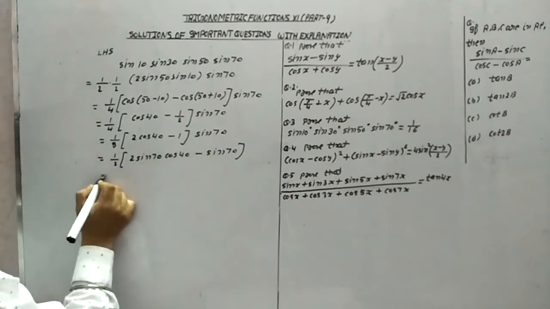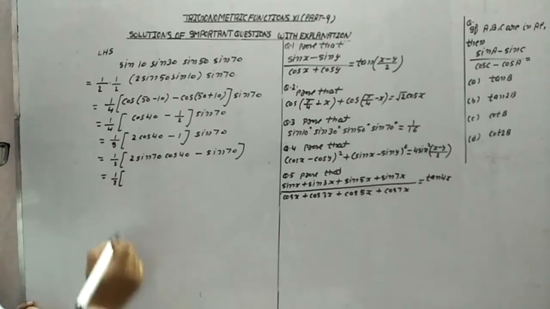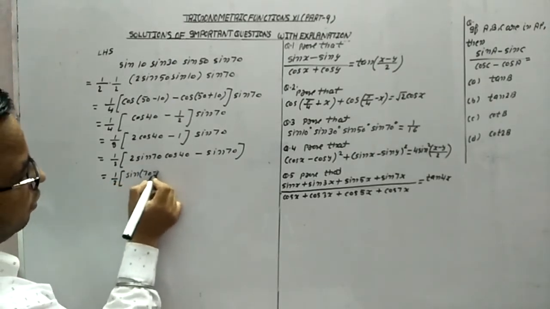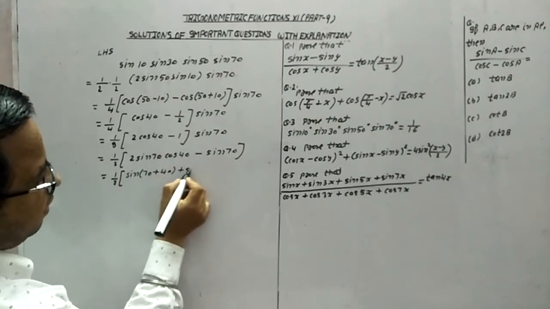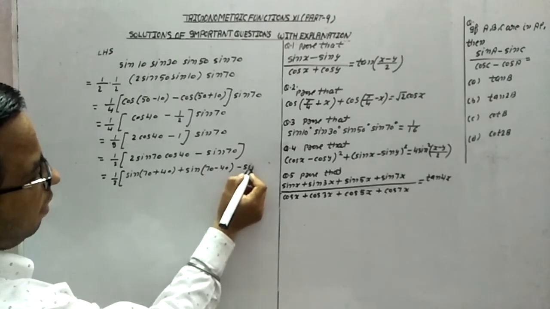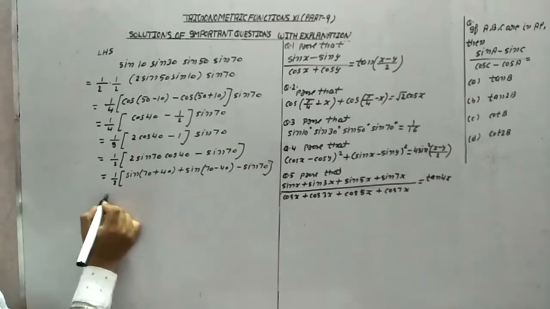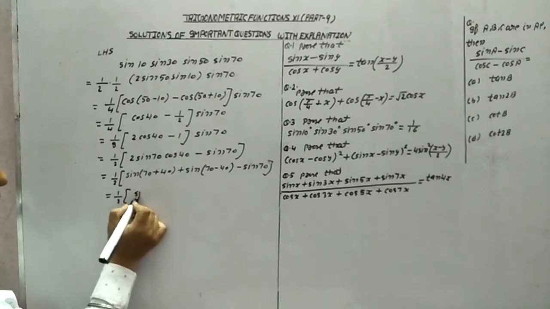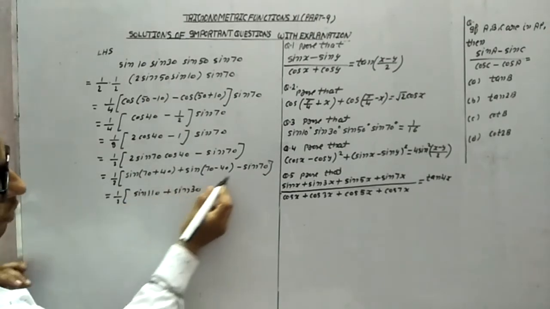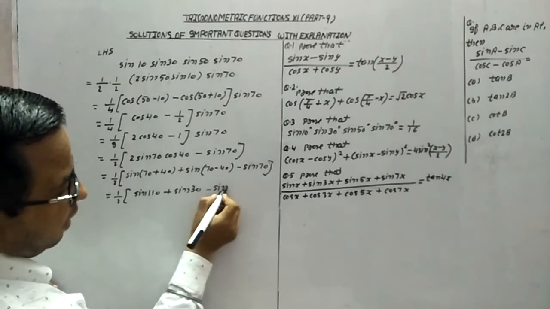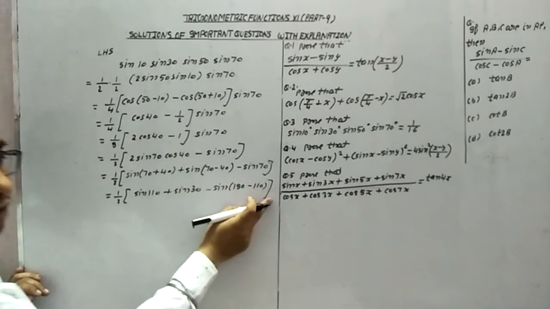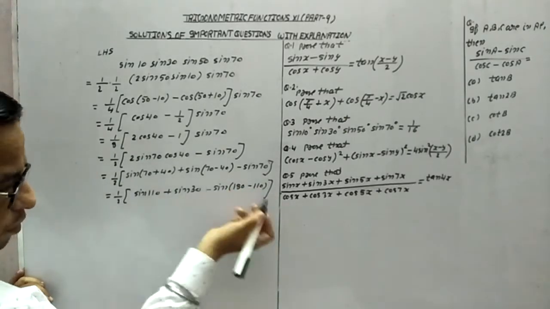Again we apply an identity here, 2 sin A cos B means sin (A plus B), which is 70 plus 40, plus sin (A minus B), which is 70 minus 40, and this is minus sin 70. Now this is sin 110, plus sin 30, and sin 70 we can write as sin (180 minus 110).